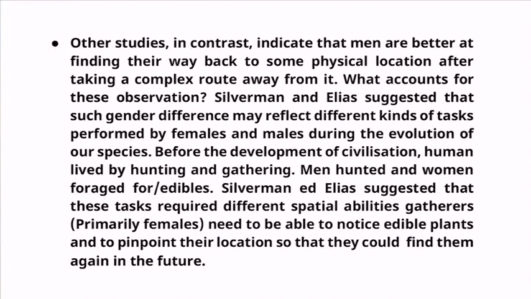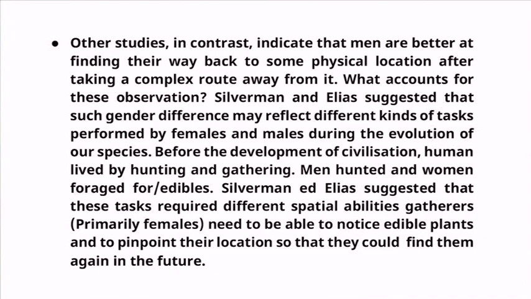Now, what is the explanation of Silverman and Eals? Before the development of civilization, humans lived by hunting and gathering. Men hunted and women foraged for edibles. Silverman and Eals suggested that these tasks required different spatial abilities. Gatherers, primarily females, needed to be able to notice edible plants and pinpoint their location so that they could find them again in the future.